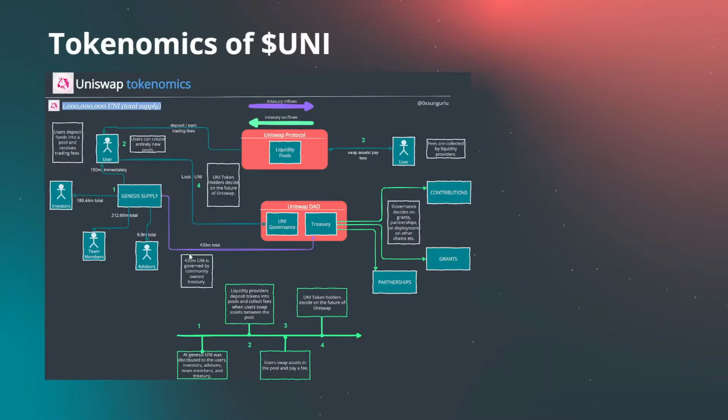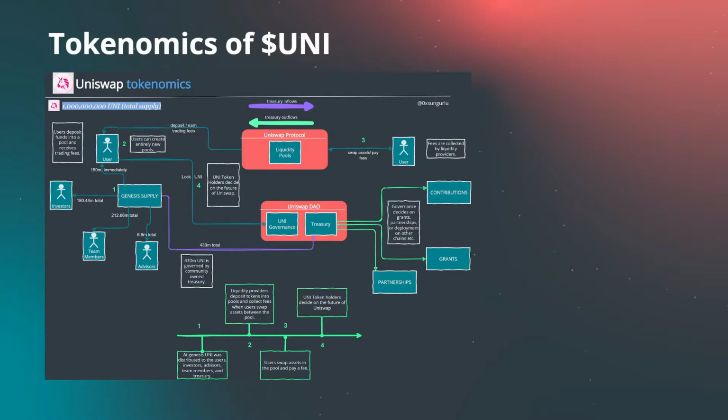So the tokenomics of the Uni is pretty simple. There is nothing much complicated at Uniswap. They have only distributed to the users, advisors, team members, and investors, and there are no incentive mechanisms for users who are providing liquidity. If you provide liquidity to the Uniswap pools, you won't earn Uni tokens.